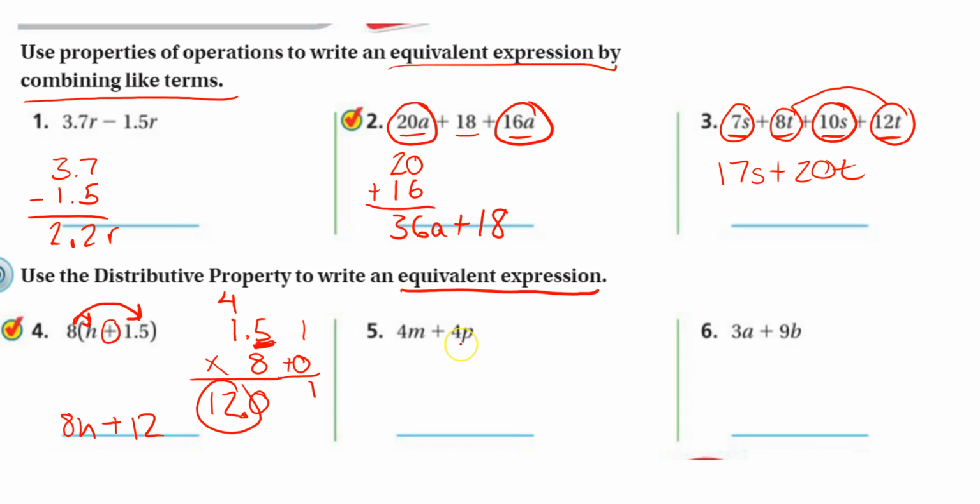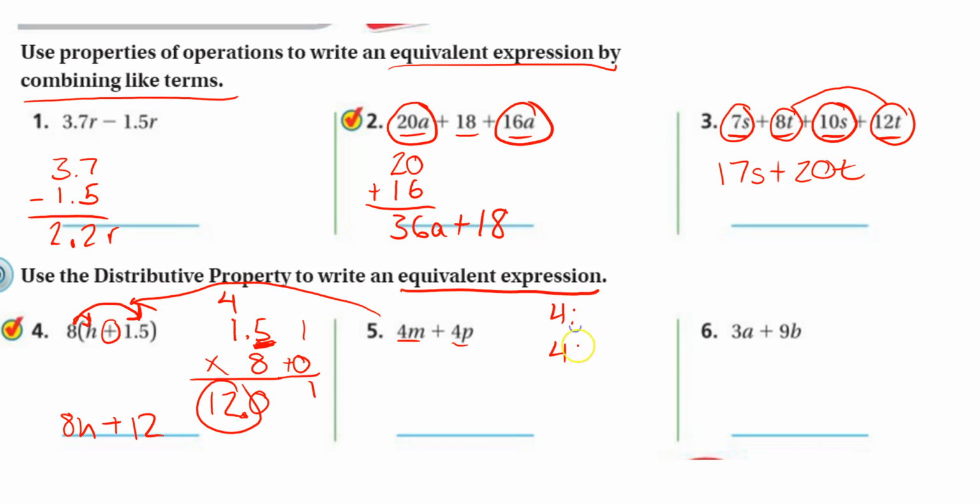All right, number 5 is another one of those where they don't give you the parentheses. So when you have a problem like this without the parentheses, you need to change it to look like this, meaning you're going to need parentheses. So what can you factor out of these two terms? We have 4 and 4 as the coefficients.